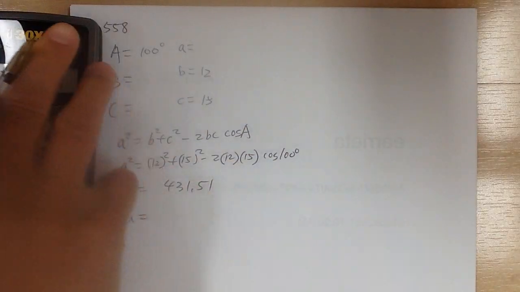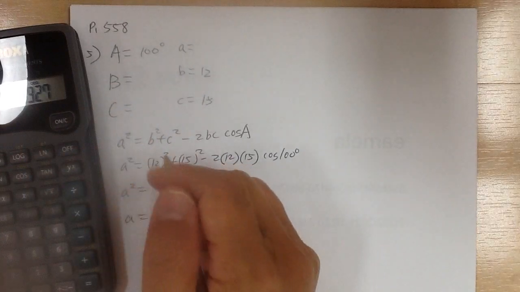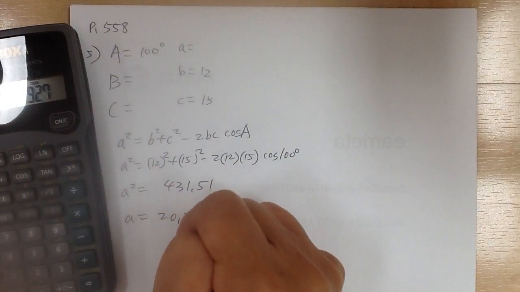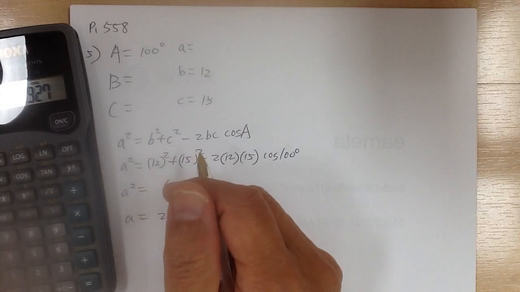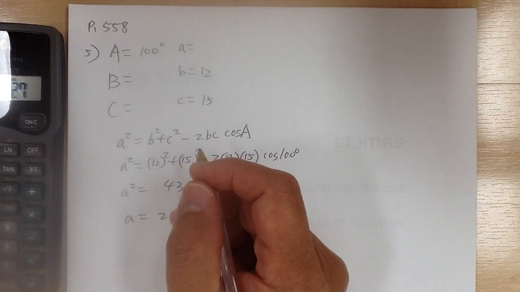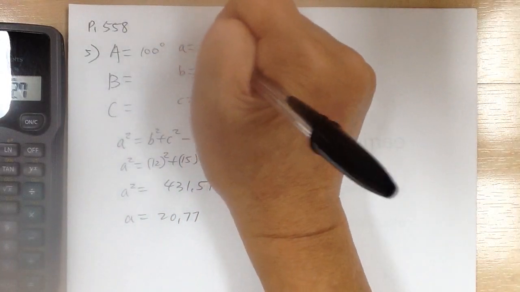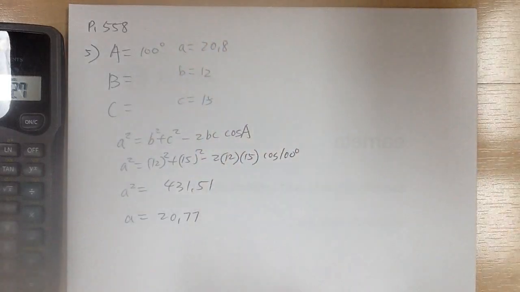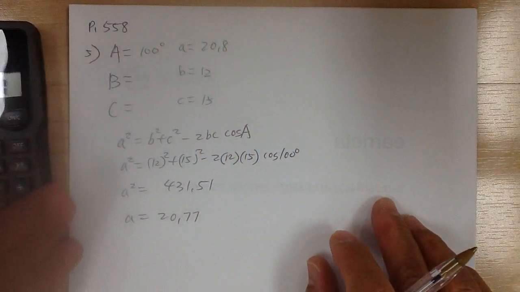Then I take the square root. So A equals 20.77. And again, if you round off a little bit, it would be 20.8. I can keep that. I don't want to miss that.